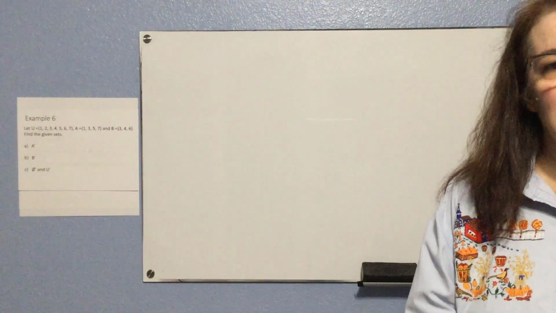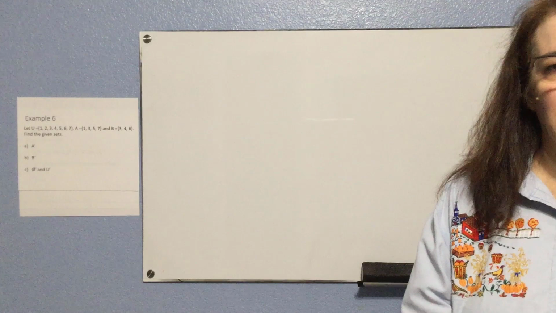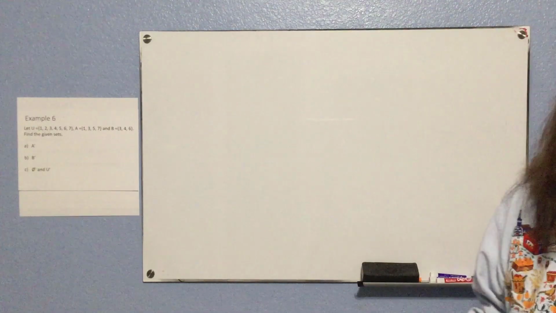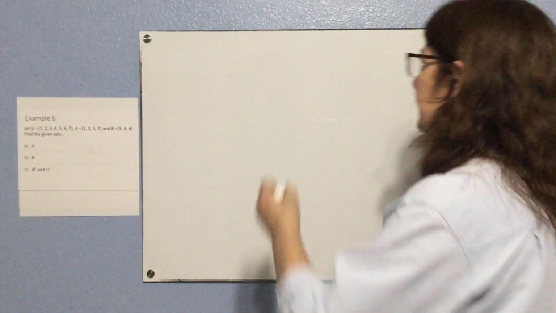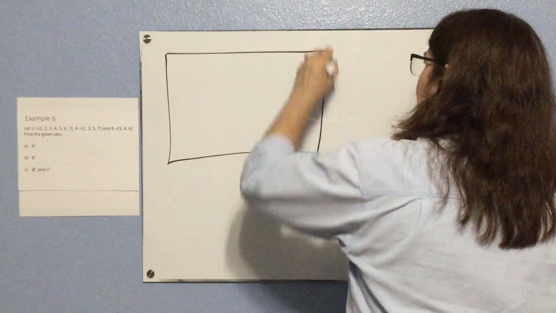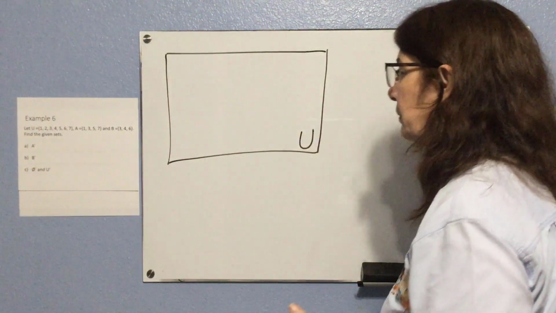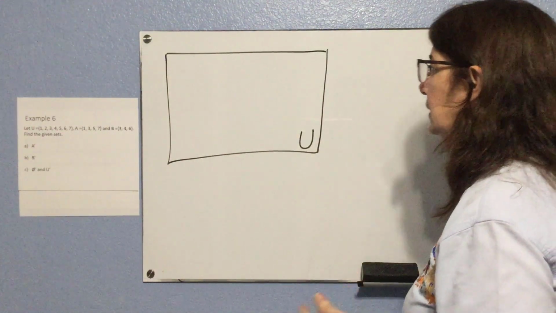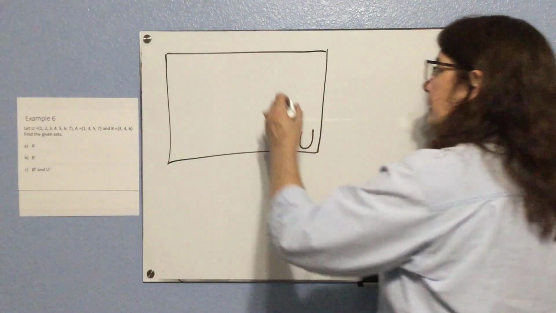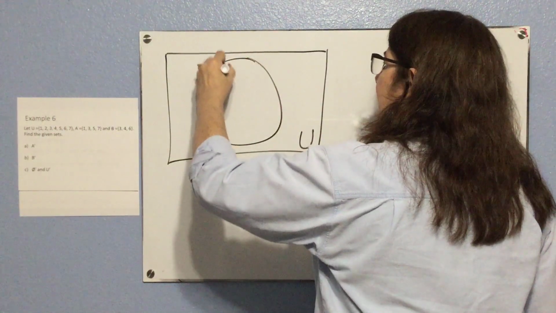One of the ways that we can show the relationship between sets is by using a diagram called a Venn diagram. A Venn diagram typically starts with a rectangle, and we call this rectangle the universal set, and frequently label it U. Other sets are depicted by circles and labeled with the set name.